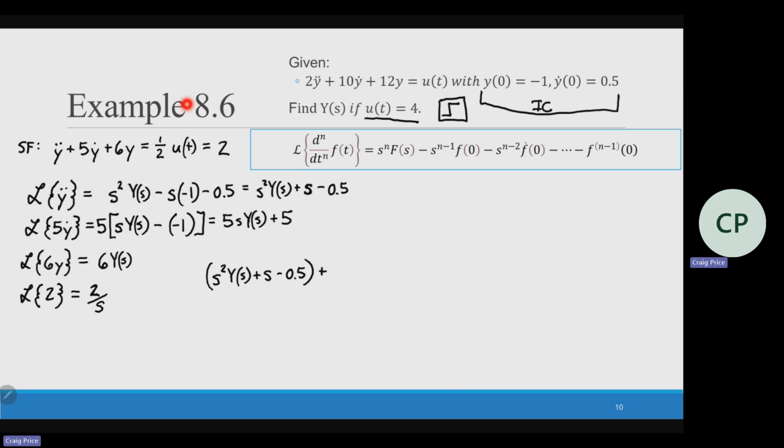So in the equation, we have y double dot plus 5y dot. I'm going to take that 5s times y plus 5. And then I have a plus 6y. So that Laplace transform is equal to, on the right-hand side, the Laplace transform of 2, which is 2 over s.